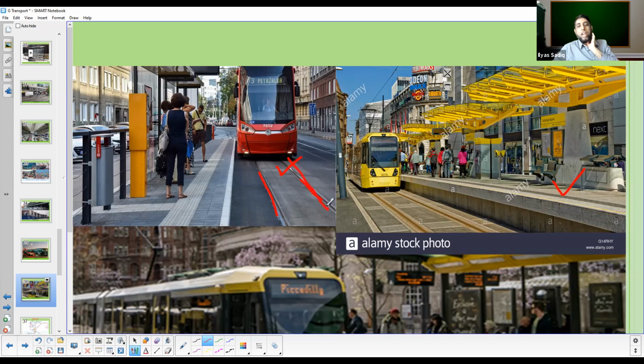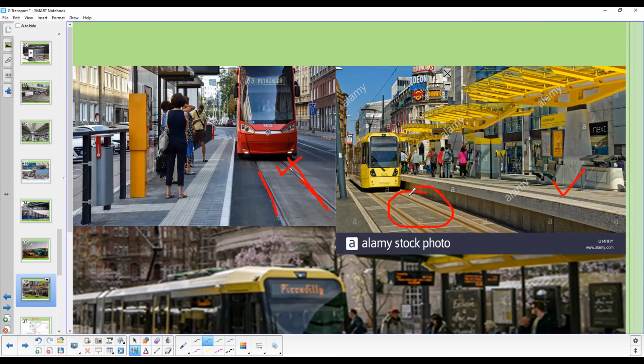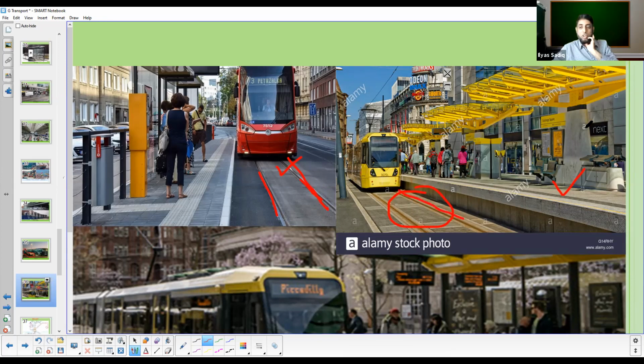What is the difference between bus and tram? They have the track. Look. Bus doesn't have a track, but a tram always has a track. So this is a tram track. This is called a tram station.